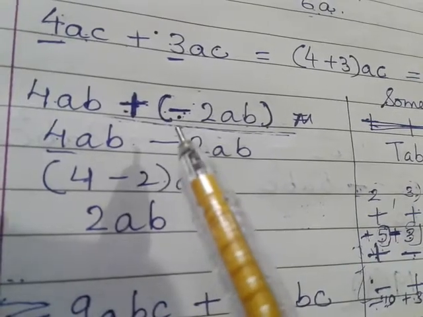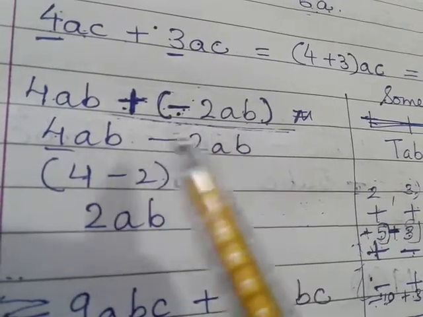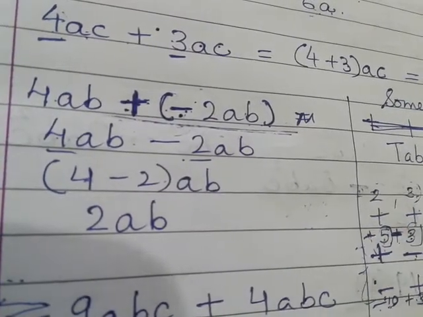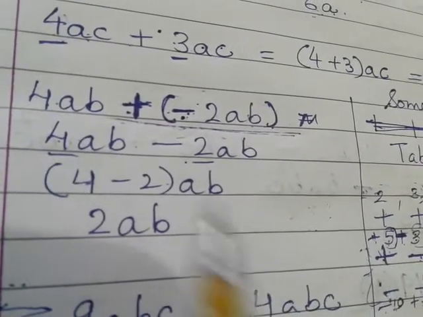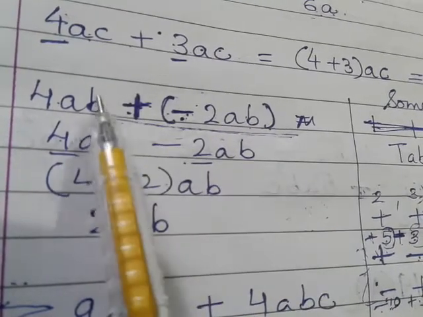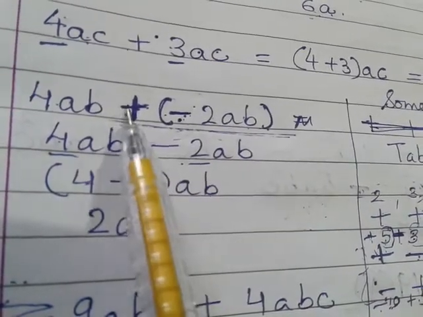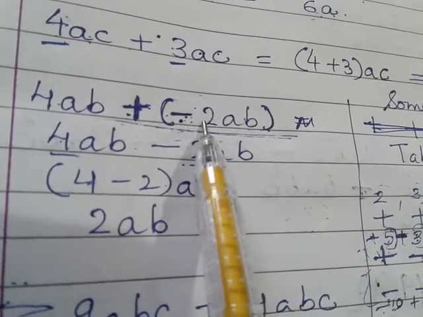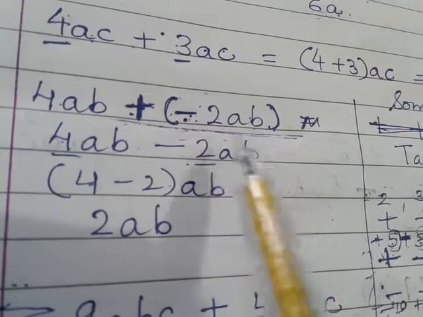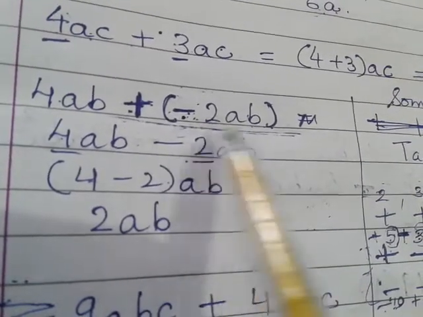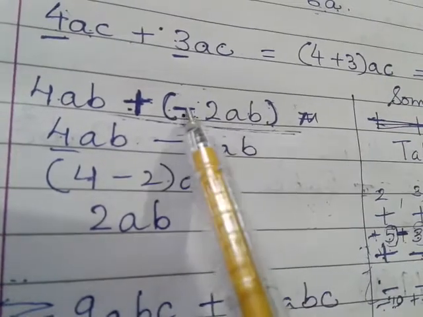Because in 4ab minus 2ab, before the bracket a plus sign is there, so this will come as it is. If a minus were there, this would change and become minus. We'll see that in the next examples. So remember only one thing: before a bracket, if a plus sign is there, the inside term will not change its sign. It will come as it is.